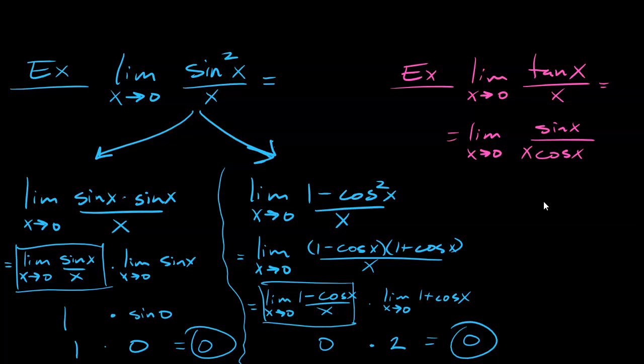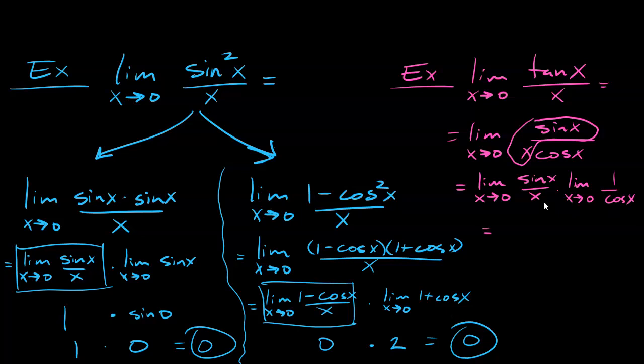The pink one. Yes, you can look at it as one limit. What I'm going to do is keep this x with sine of x, and then the cosine of x on its own.